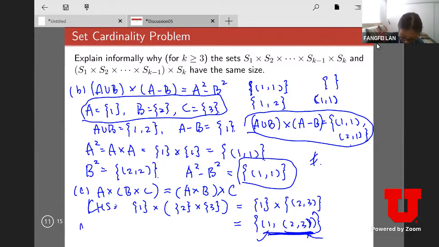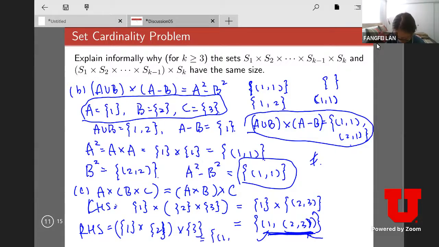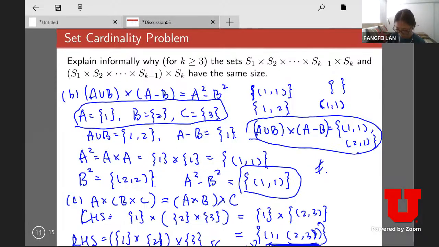We're going to do the same thing with the right-hand side. It should be very simple. We just change the order of operation. And that should give us ((1, 2), 3), something that looks like this. And they're not the same. So we're done.